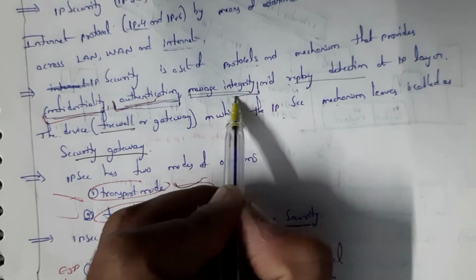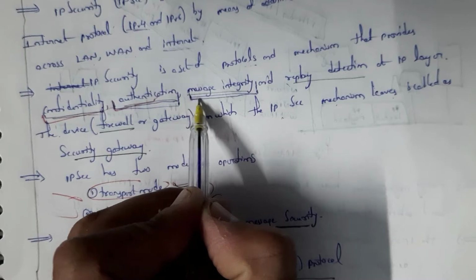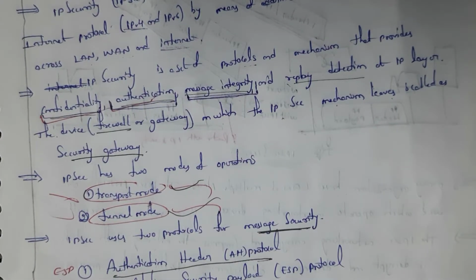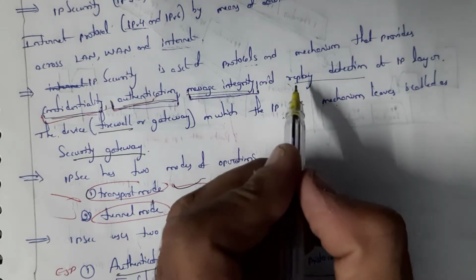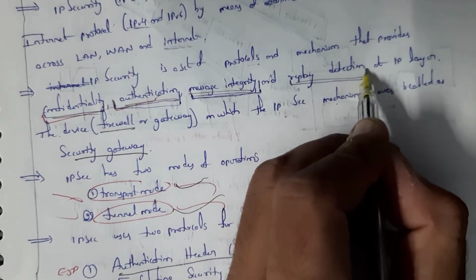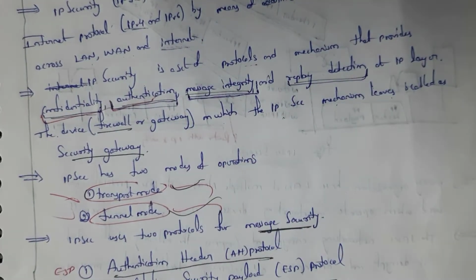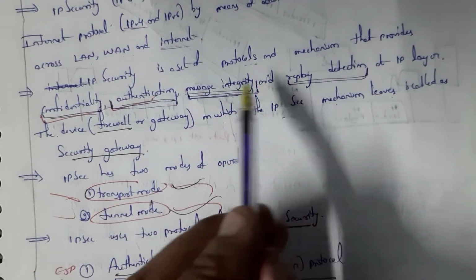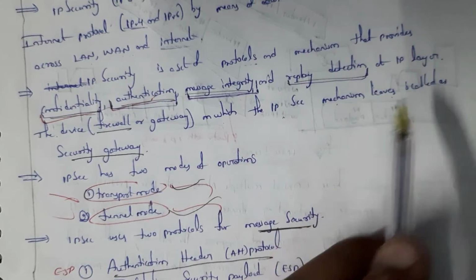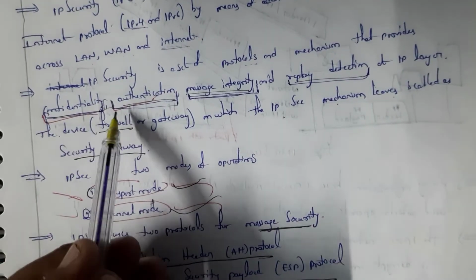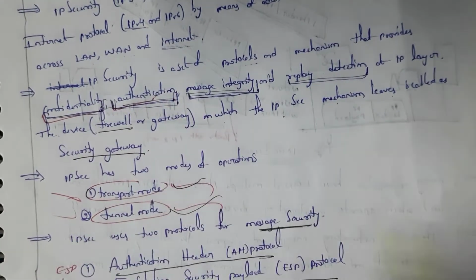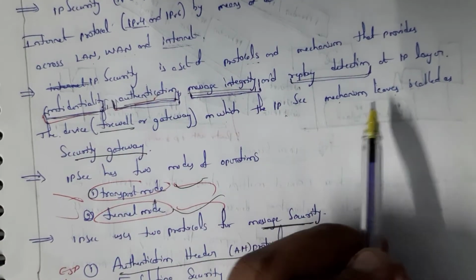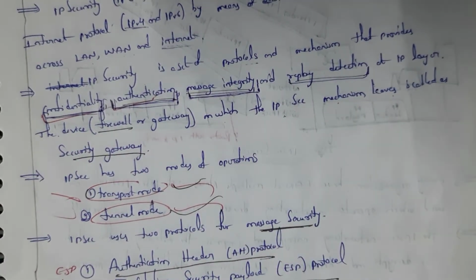Message integrity means no loss of messages, that means a message is available without loss. And replay detection at IP layer. These protocols and mechanisms provide all these services. The device on which IP security mechanisms live is called a security gateway.